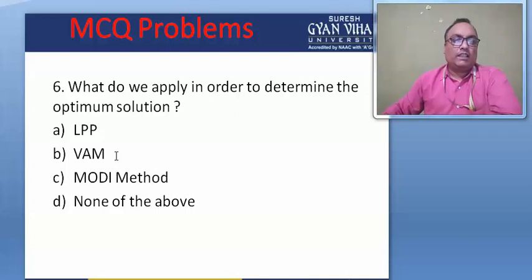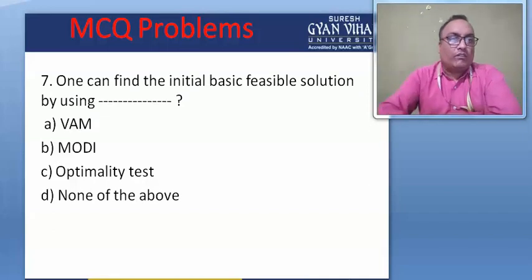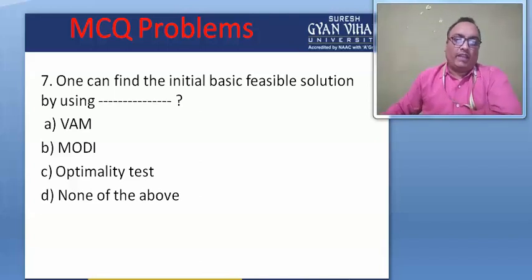The B option is right here, right? Then one can find the initial basic feasible solution by using the VAM method, right? So A is the right answer for this case.